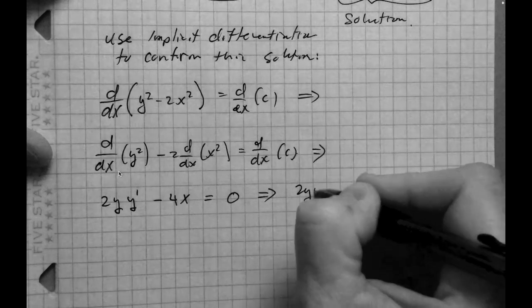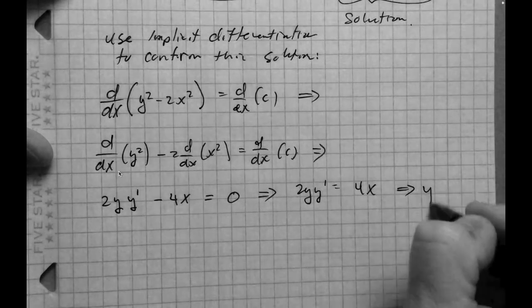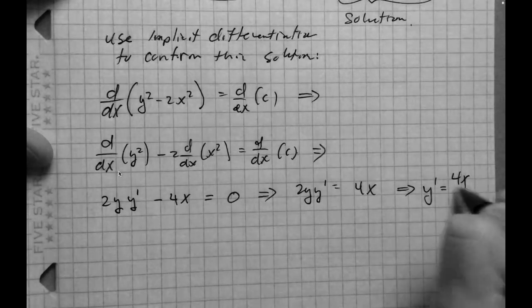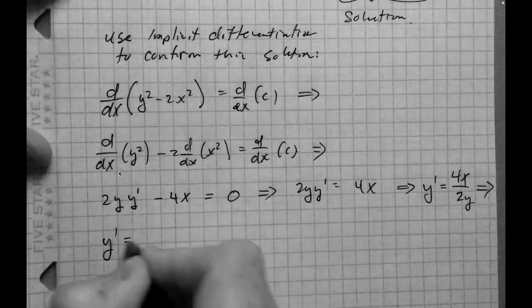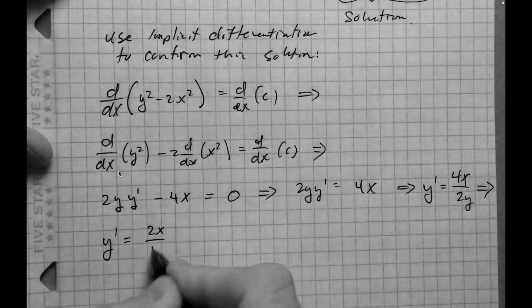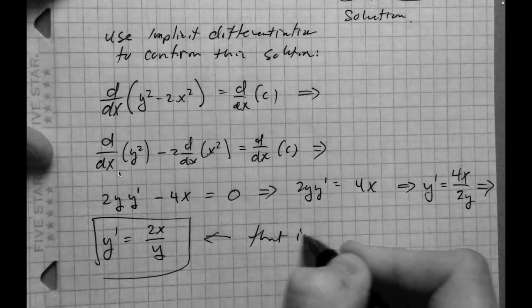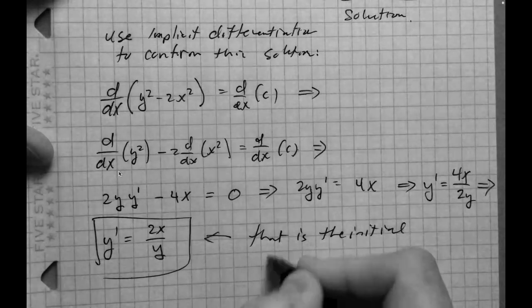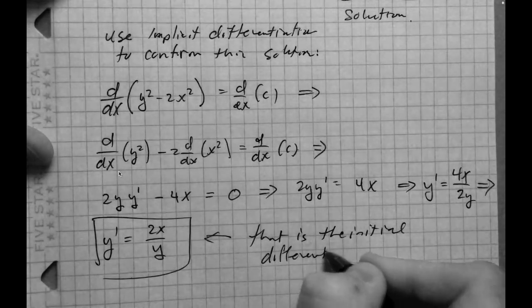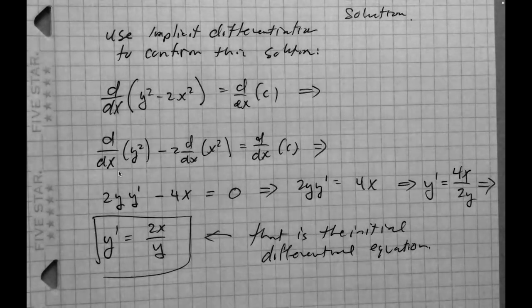And so we'd have 2y y prime equals 4x, and we'd see that y prime equals 4x over 2y, and further that y prime equals 2x over y, right? And so that is the initial differential equation.